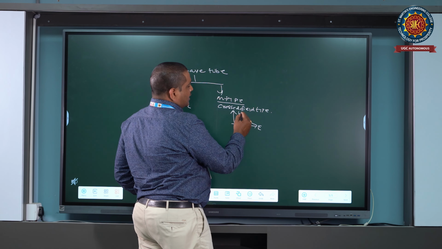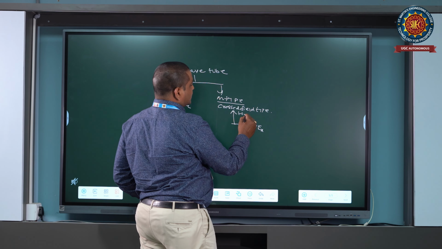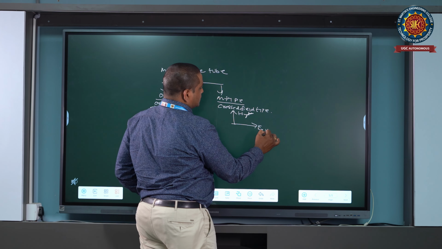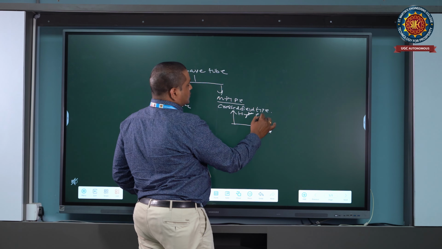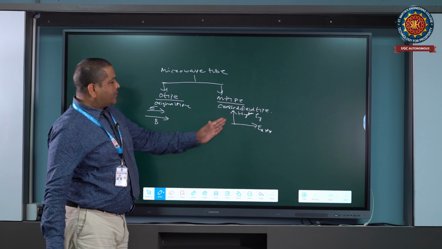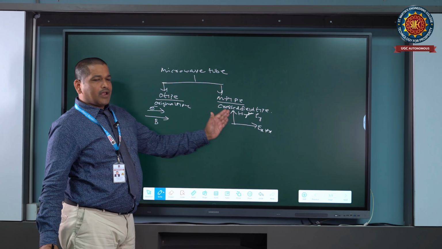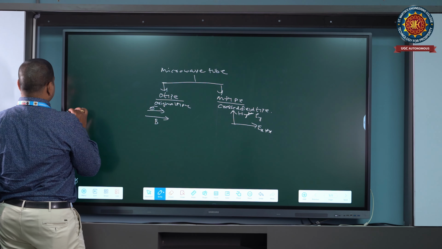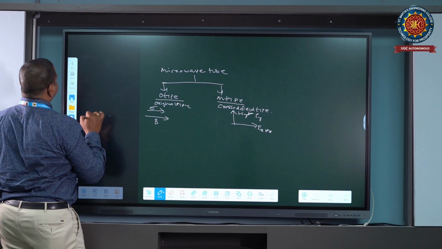If it is Ex, it is Hy; if it is Hx, it is Ey. So they are divided as O type and M type. Coming to this classification, we will see in the slide how they are classified.